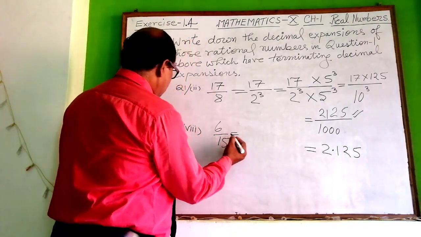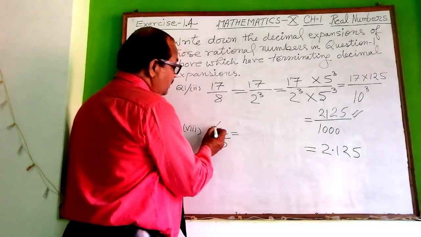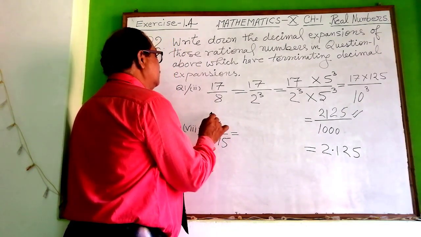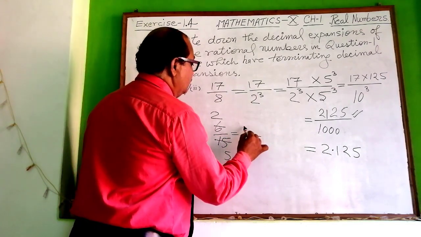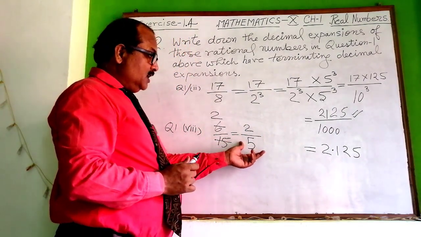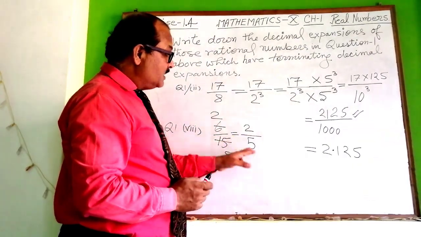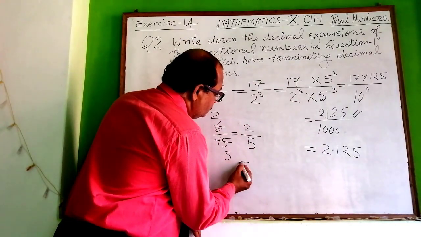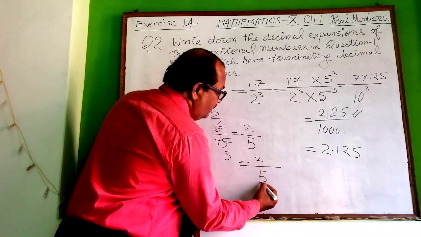Now see question number 1, 8th part also. You can see both are not in the simplest form. You can divide the numerator and denominator by 3. 3 twos are 6, 3 fives are 15. Now you can rewrite it in the form of 2 upon 5. The decimal expansion of this rational number is required. So how many 5s are here?